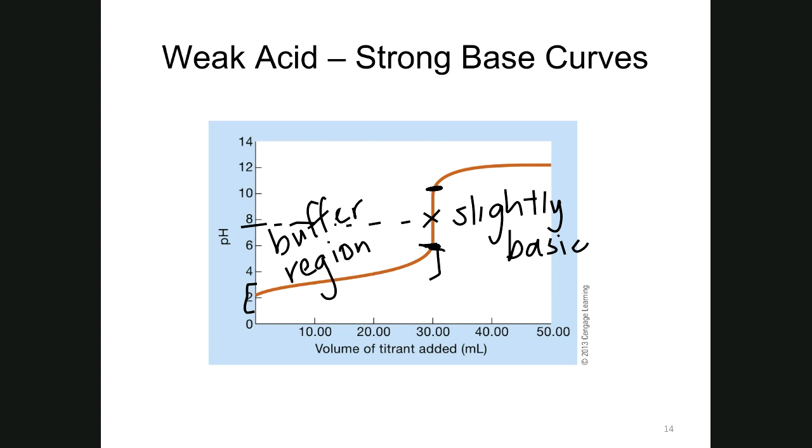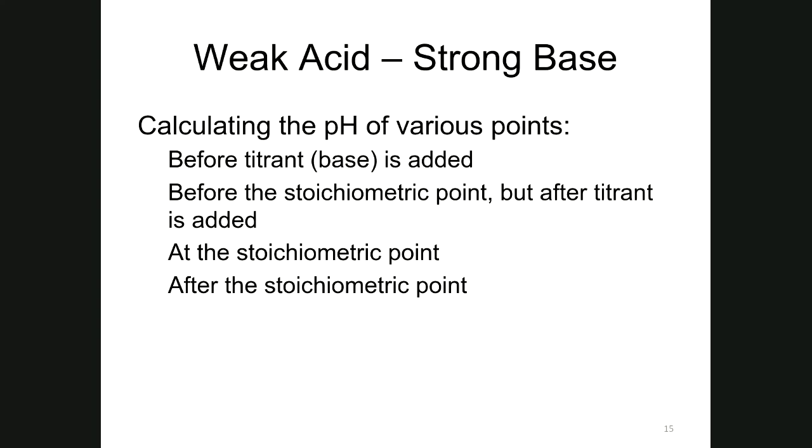Okay. So in this particular graph, we can see that the analyte is the acid because it's starting with an acidic pH, and the titrant is our strong base. So again, just like with a strong acid, strong base curve, we can look at the 4 different places for us to find the pH. The first is before any of the titrant, in this case the base, is added.